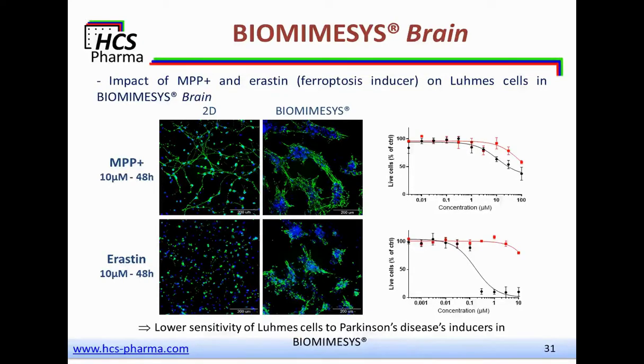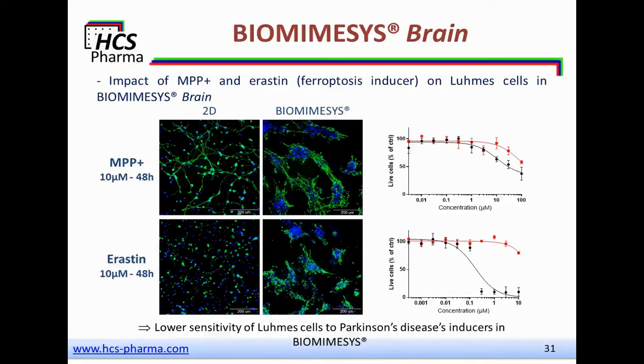We checked again the impact of drugs on Lume cells, this time in Biomimesis brain, and the impact of MPP+ and erastine that are known as Parkinson's disease inducers. In particular, erastine is responsible for a specific type of cell death, ferroptosis.